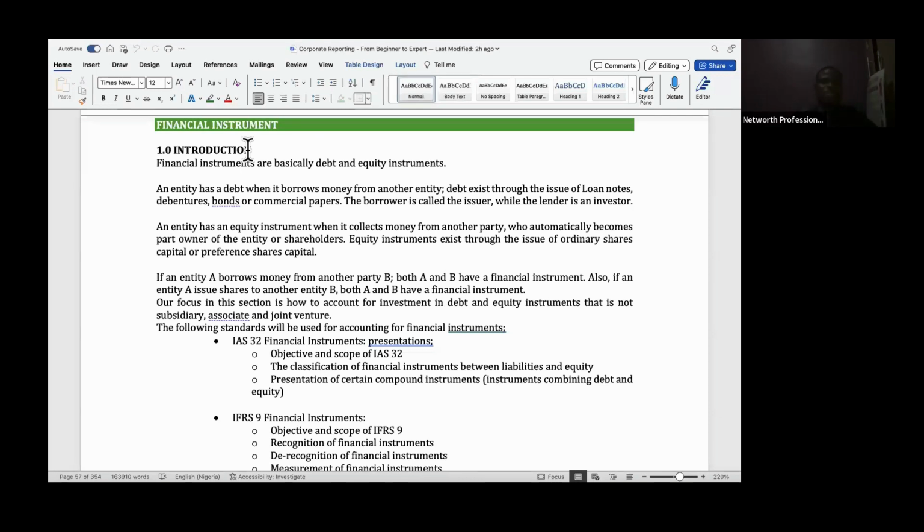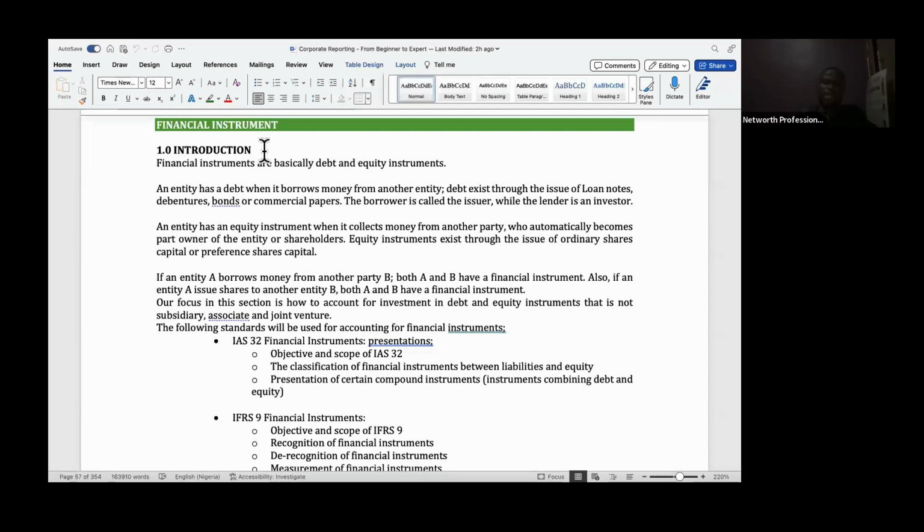I remember that last week we started with financial instruments, and we looked at IAS 32, which considers the definitions. We also looked at recognition and some aspects of measurement. Today we are going to finish all that up.